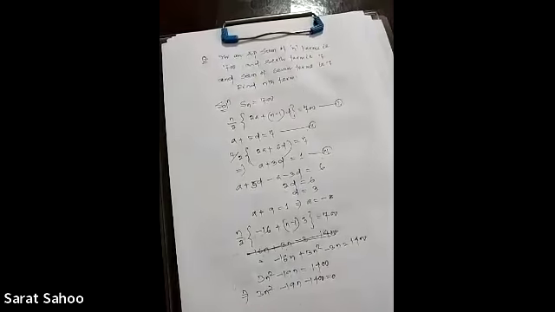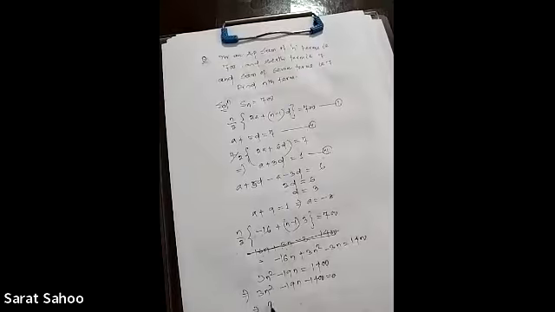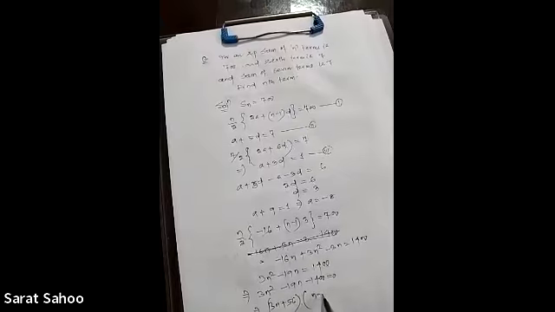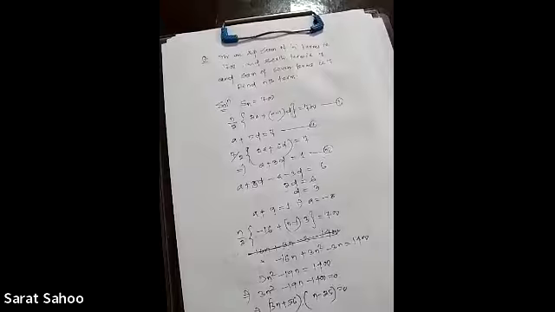Then what will be the value of n? So now factorize it: (3n plus 56) into (n minus 25) is equal to 0.